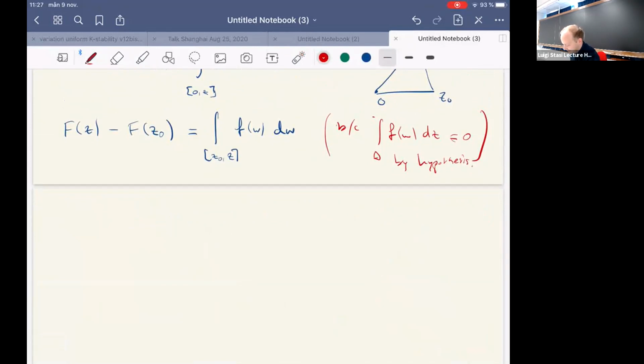So now we want to use that f is continuous. f is continuous at z0.